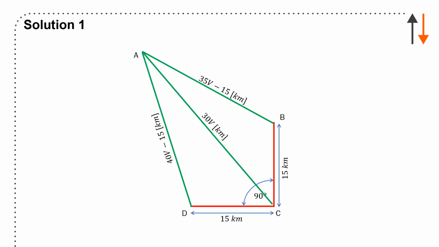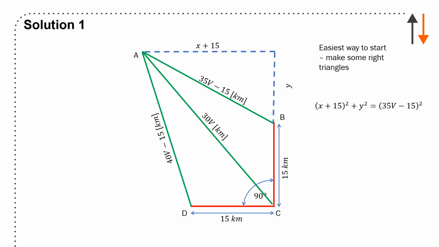So I'm going to approach this two different ways. The first solution is the way I would normally approach this. I really wouldn't recommend the second one normally, but you can do the second one, and it's not that hard. Easiest way to start, because it's kind of obvious, you make a bunch of right triangles.